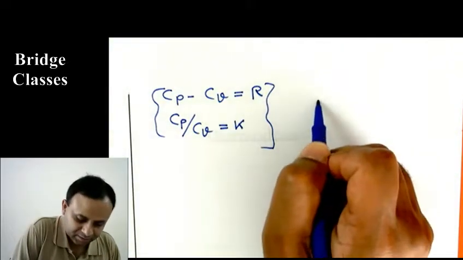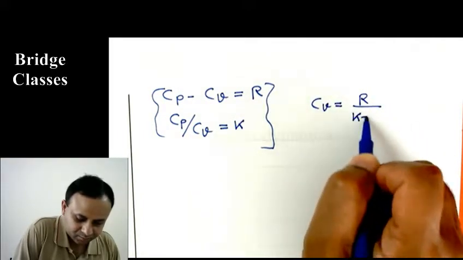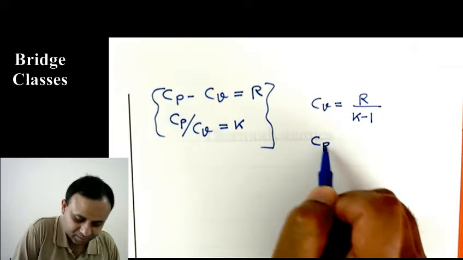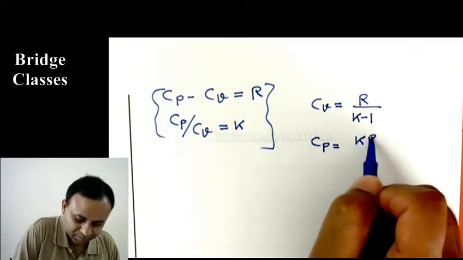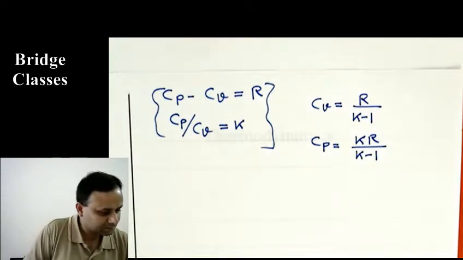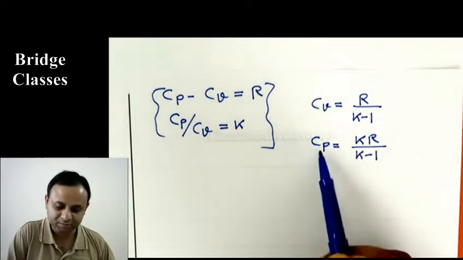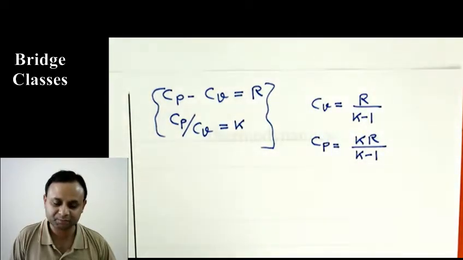You will get Cv will be R over K minus 1 and Cp will be KR over K minus 1. So if you have value of K, you can determine Cp and Cv both.